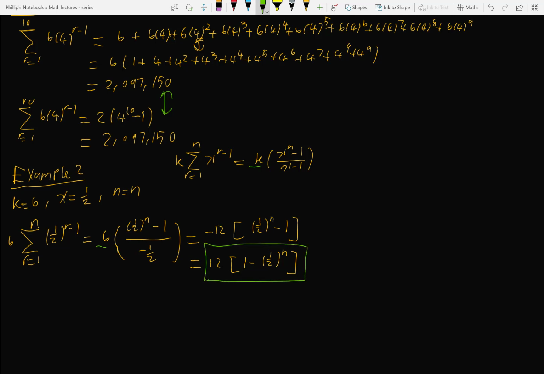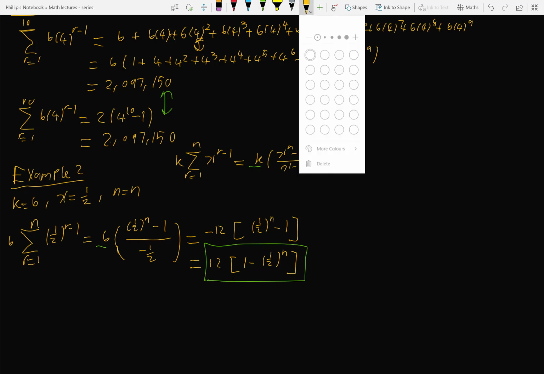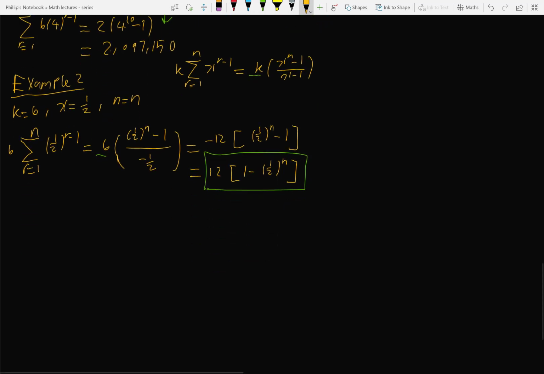So that's interesting. So we're going to pick some different values of n here for a moment. We're going to look at the case where 6 times by the sum from r equals 1 to 10 of a half times by r minus 1.